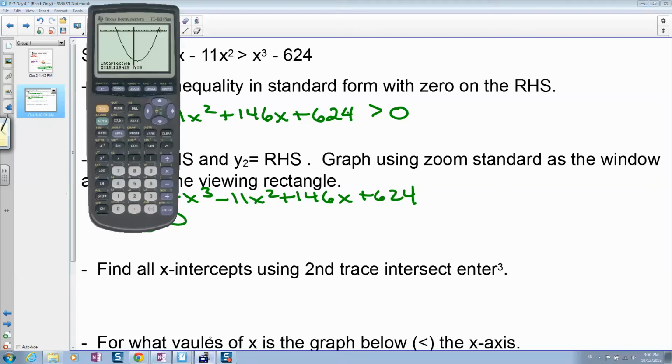Notice we'll put it in our calculator. So we have negative x to the third minus 11x squared plus 146, not 146, x plus 624.